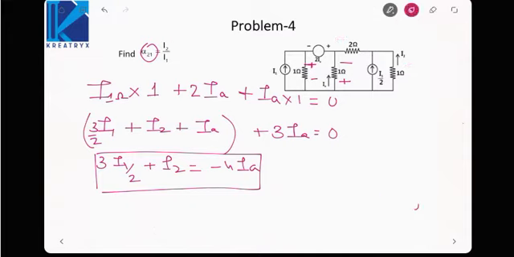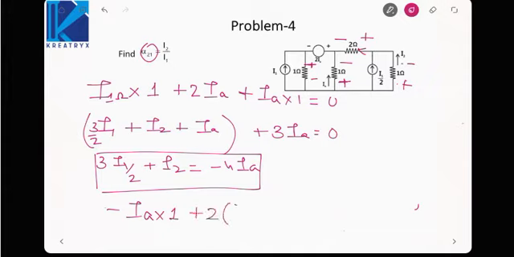Now let us apply KVL in the loop number 2. Then what will be the voltages across the different resistors? Since the current is flowing like this in the 2 ohm resistor, it will be minus plus. Current is going from bottom to up, minus plus. Now let us apply KVL. The voltage across 1 ohm will be minus IA into 1. What was the current in the 2 ohm resistor?